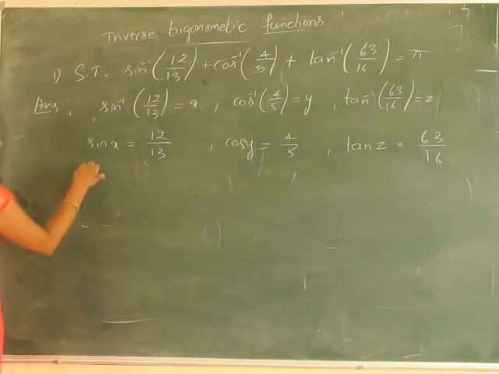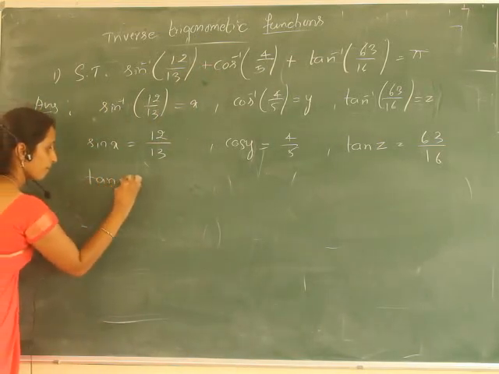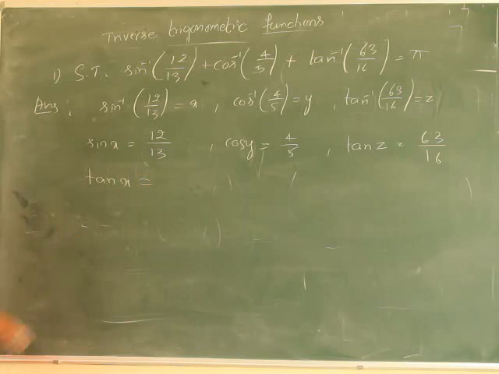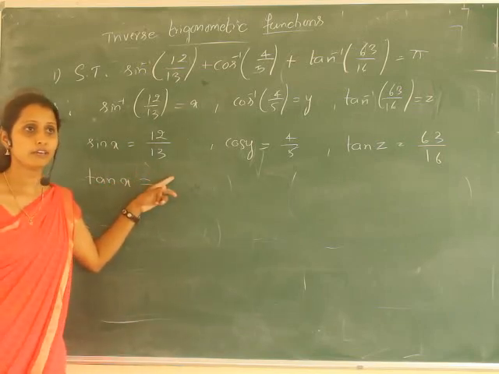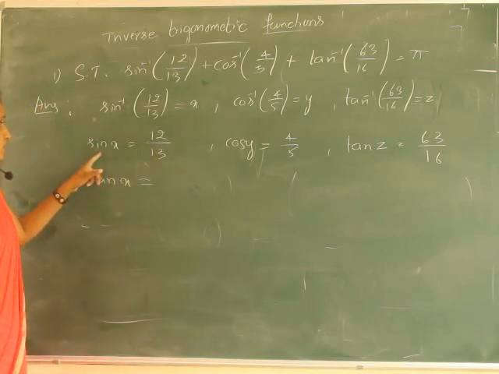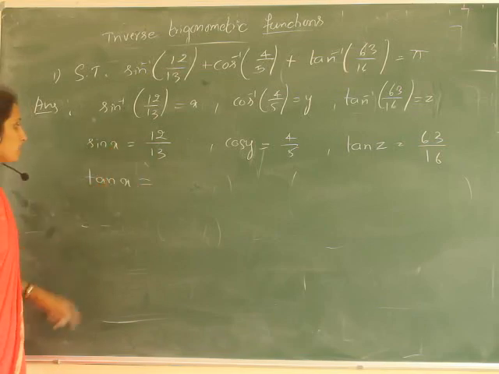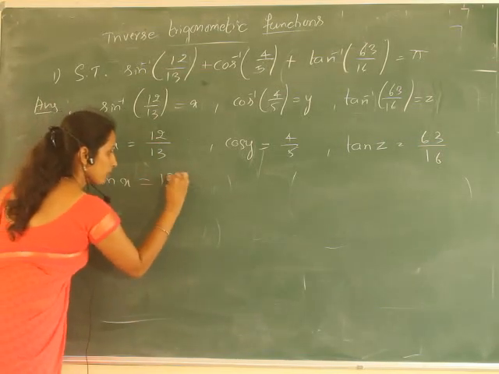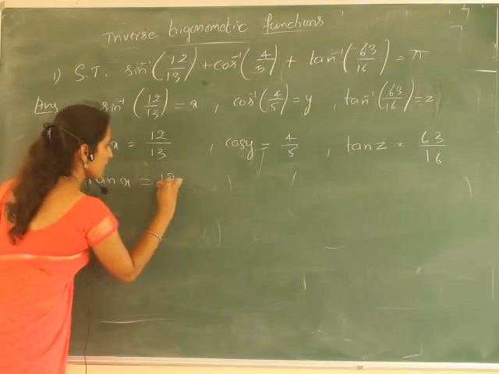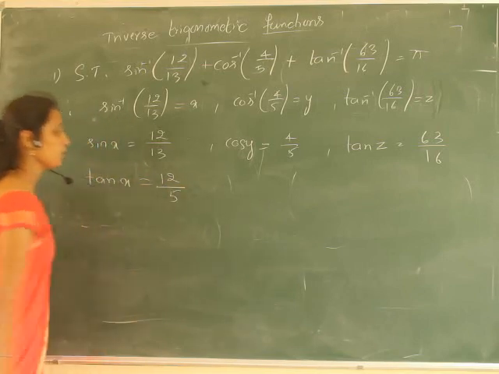So what is tan x now? 12, 13 and 5 are the Pythagorean triplets. So sin x means opposite side by hypotenuse, so tan x means opposite by adjacent, which is 12 by 5.